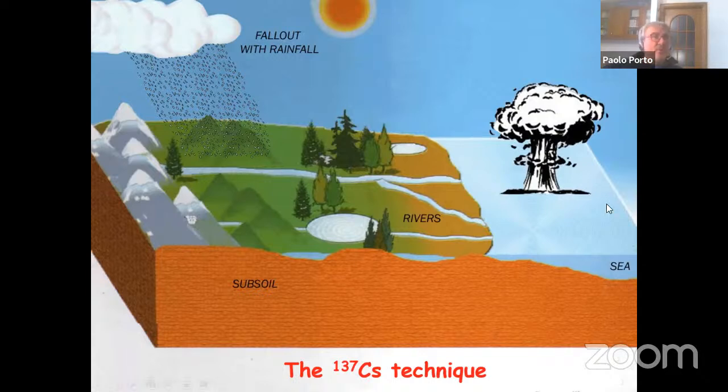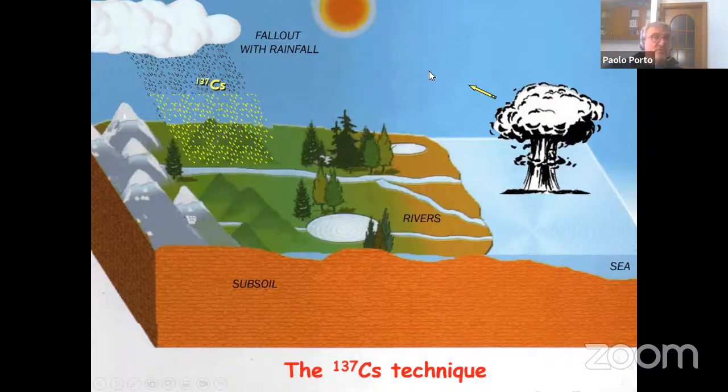So what about cesium-137, and what about the technique related to cesium-137? Cesium-137 is produced by these bombing tests. These tests release a certain amount of radionuclide of cesium-137, which goes to the atmosphere and is intercepted by rainfall. So rainfall comes to the ground, and so does cesium-137.